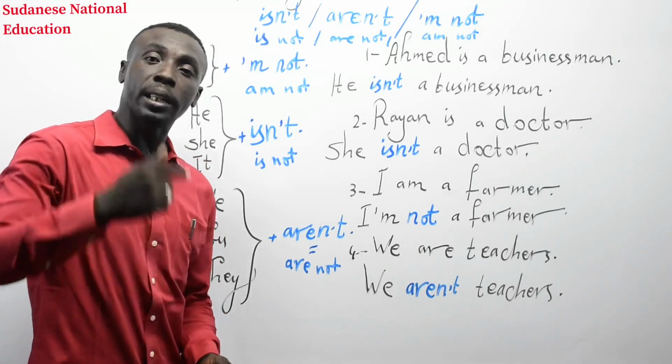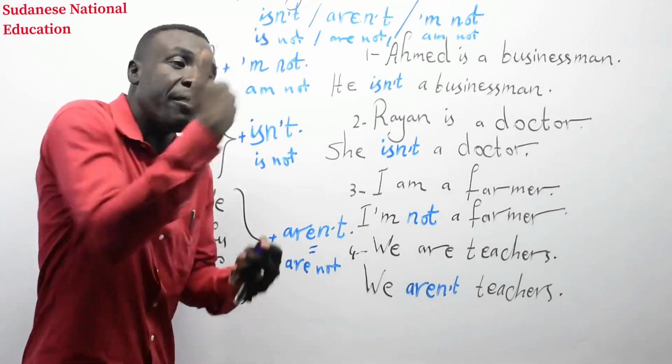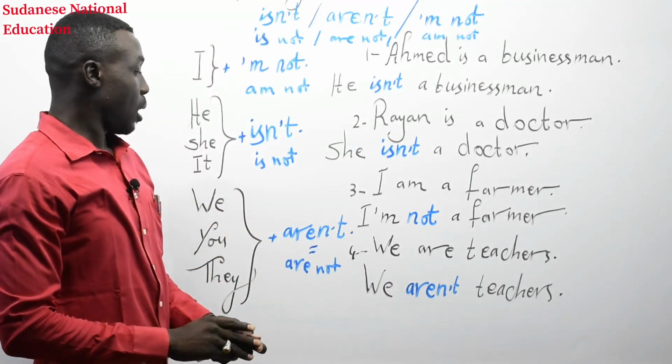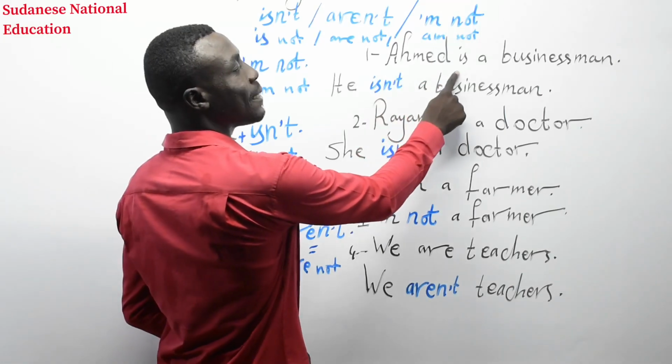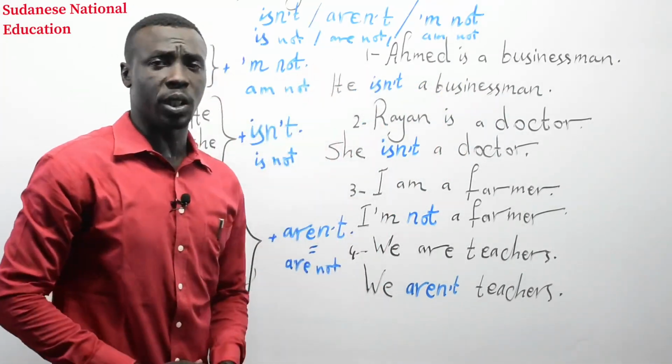You just need to add not after is, after am, after are. For example, number one, Ahmed is a businessman. This is called a positive sentence.